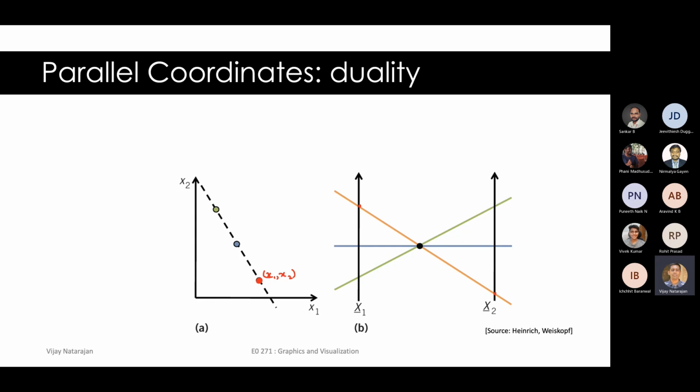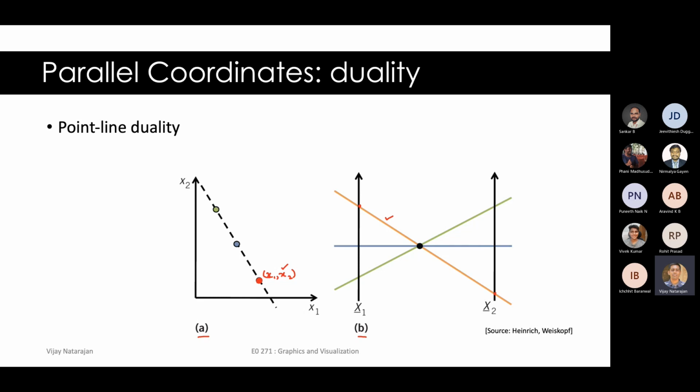So the point x1, x2 here is the same as the orange line. If you think of A as the primal space, then B is your dual space, and you can work with them interchangeably. There is a nice duality between points in the primal space and lines or line segments in the dual space.